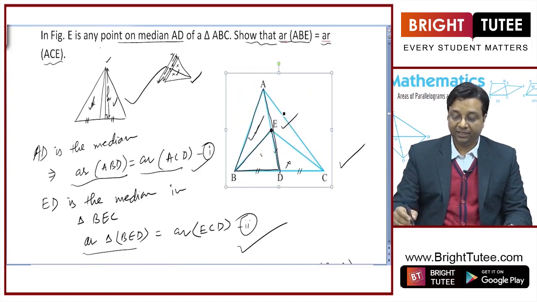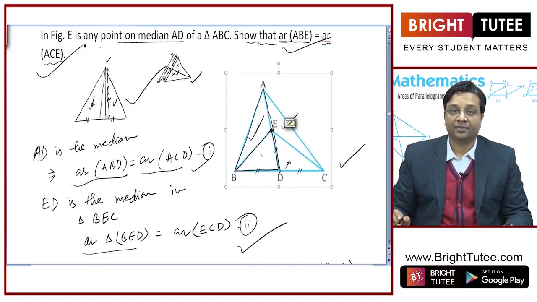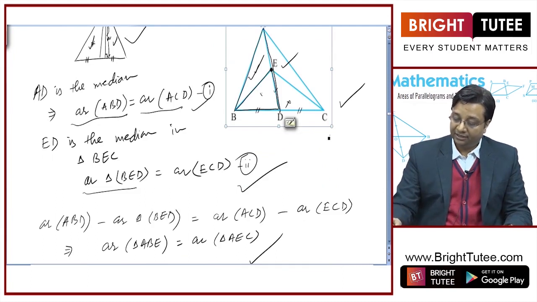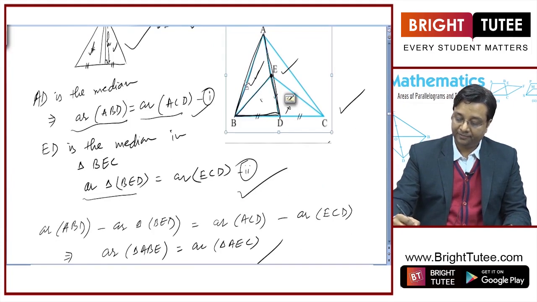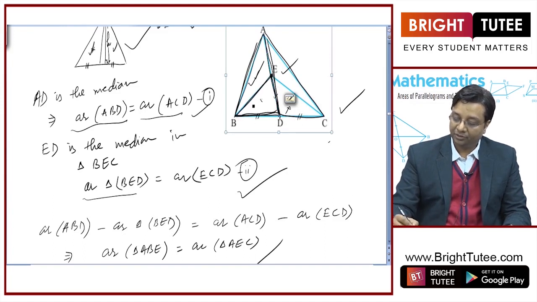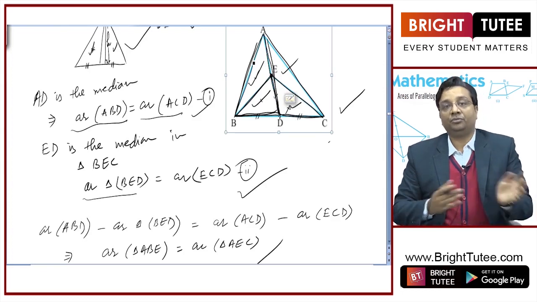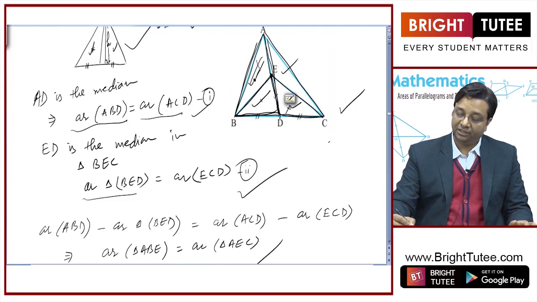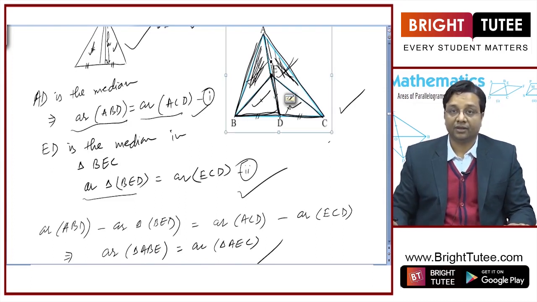And this is what we had to prove. So this was a simple concept: these two bigger areas were equal, and these two smaller areas were also equal. So we subtracted equals from equals, hence the results were also equal. And what was the result? Area of this triangle and area of this triangle were equal.